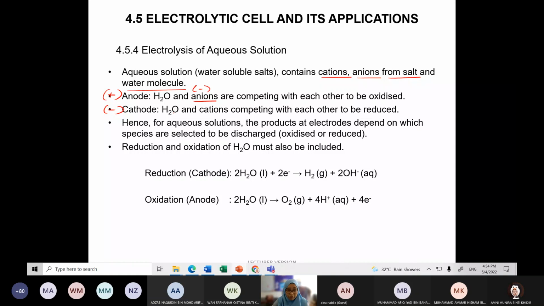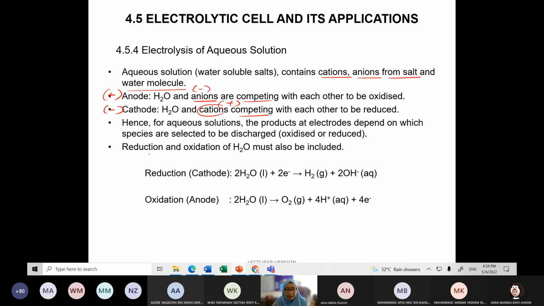For cathode pun sama, H2O will be attracted to the cathode and the cations, the positive ions, will be attracted to the negative electrode. So dia akan compete with each other in order to be oxidized and also to be reduced. Hence, for aqueous solution, the product at electrodes depend on which species are selected to be discharged, whether oxidized or reduced. Again, kita akan based on reduction potential.